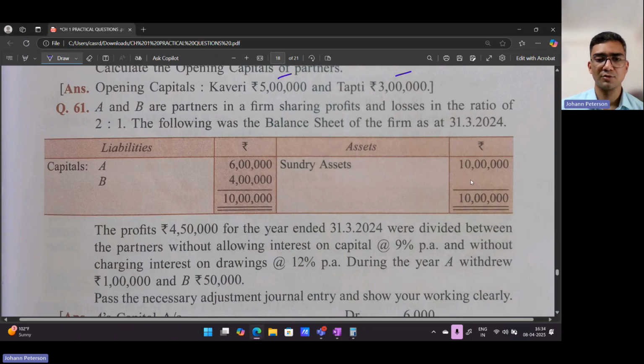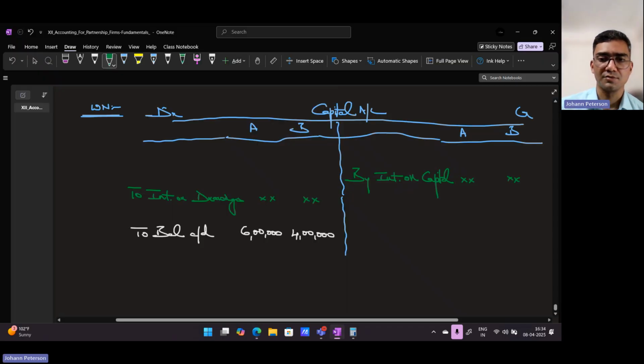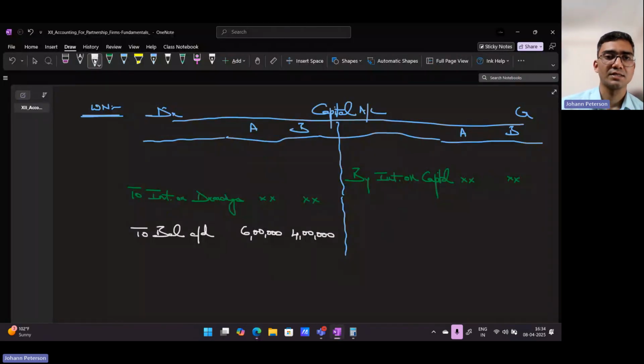Then it says the profits of 4,50,000 for the year were divided between these partners without the interest on capital and interest on drawings. So here, this profit, the amount 4,50,000 is divided. So I'm going to write this amount on the credit side, which I will call by P&L appropriation account.